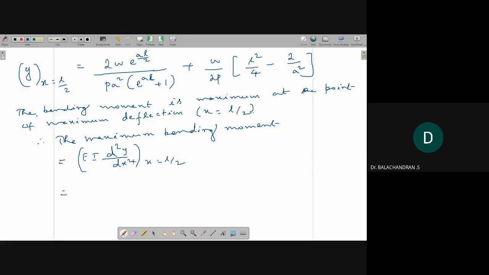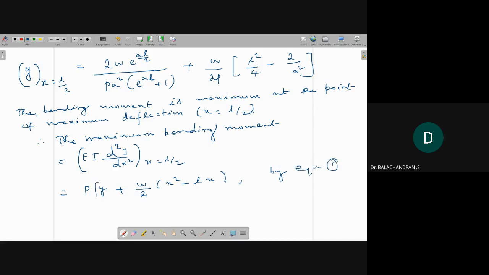So we know that from the first equation, EI into d square y by dx square equals py minus py plus omega by 2, please check it, omega by 2 into x square minus lx. Okay, this is by equation 1.